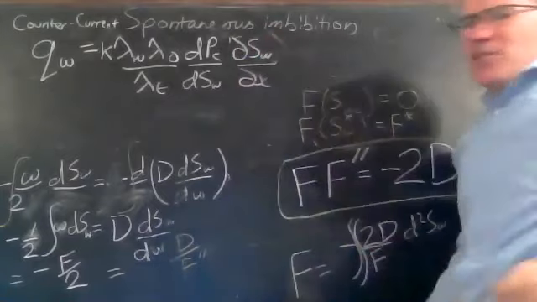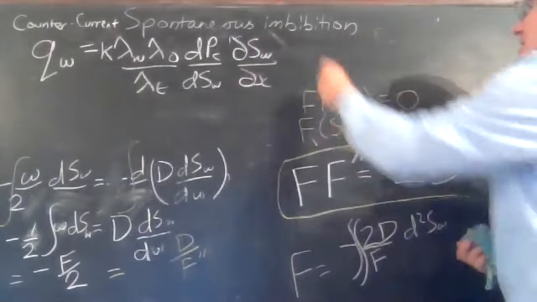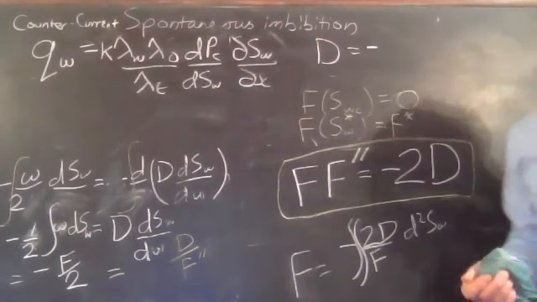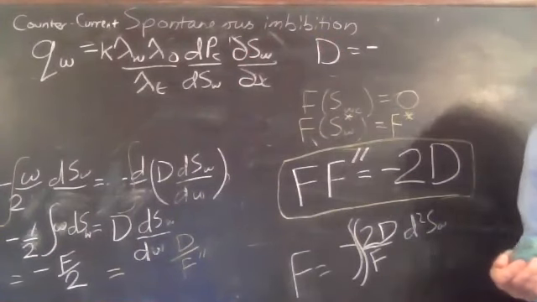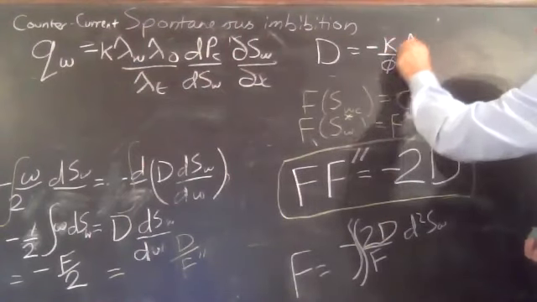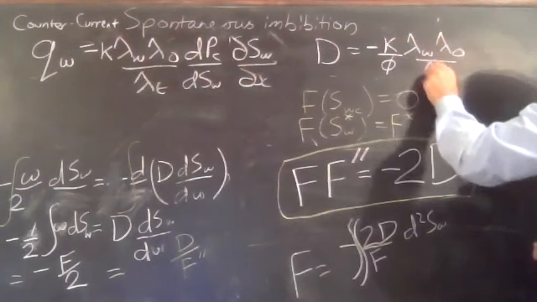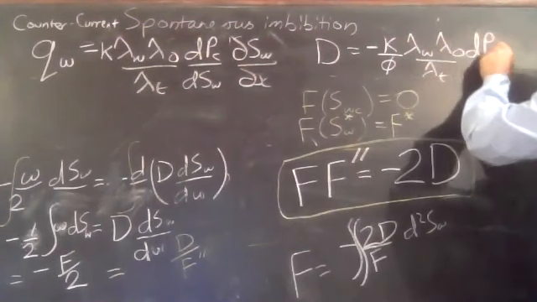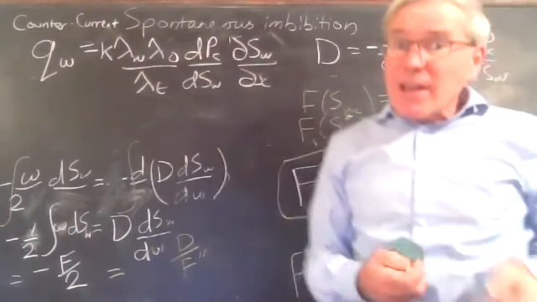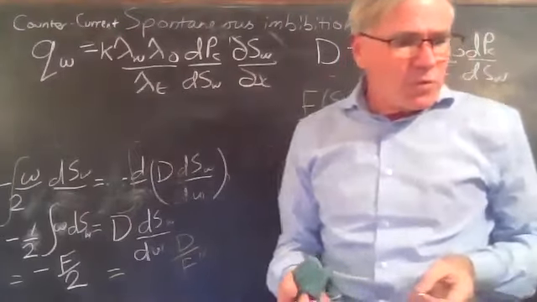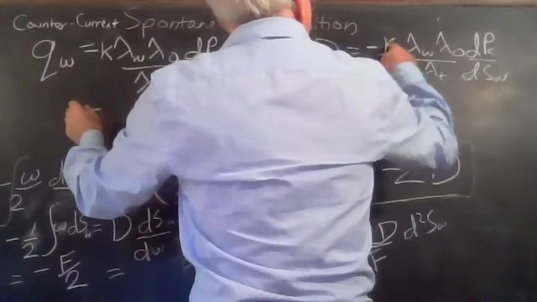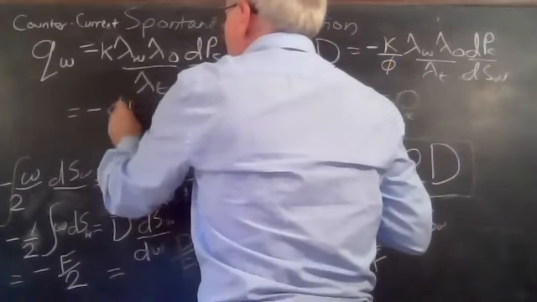And just for reference, our D function was minus k over phi, lambda_w lambda_oil over lambda_T, dPc by dSw. So it was basically almost the same terms. So we can write q in terms of D. It's equal to minus phi D, because there's a minus sign and a phi here.